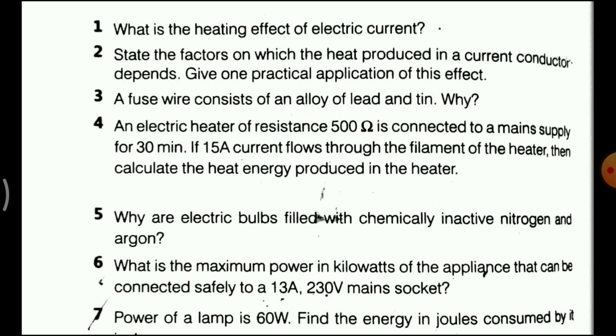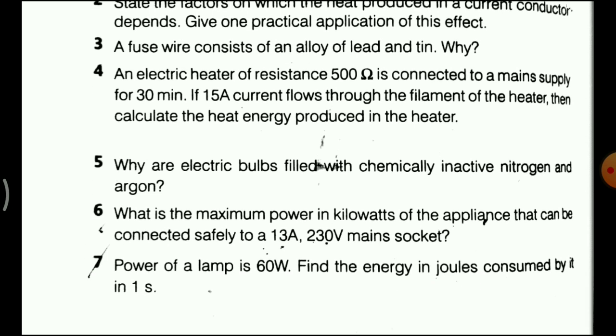Why? Fourth, an electrical heater of resistance 500 ohms is connected to a main supply for 30 minutes. If 15 amperes current flows through the filament of the heater, calculate the heat energy produced in the heater.